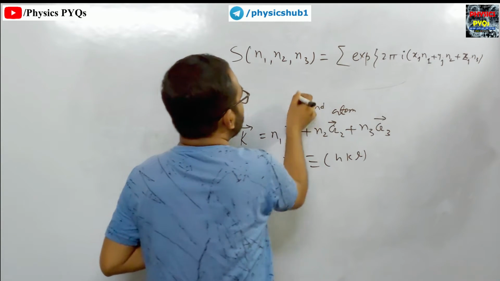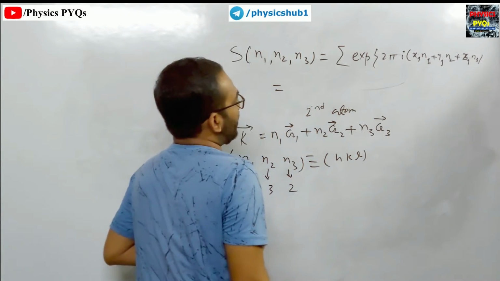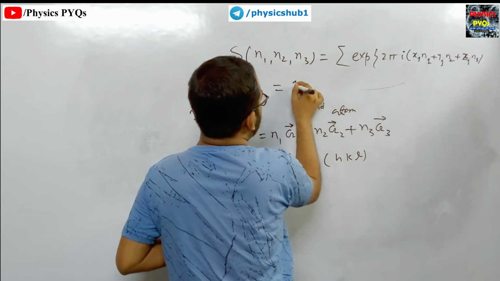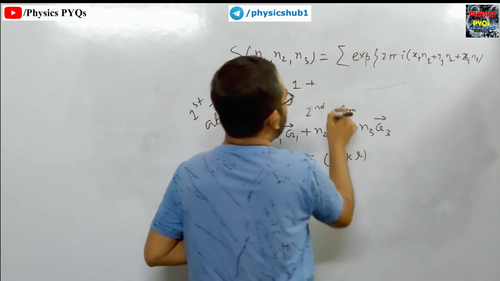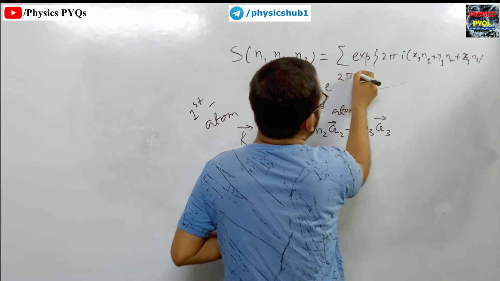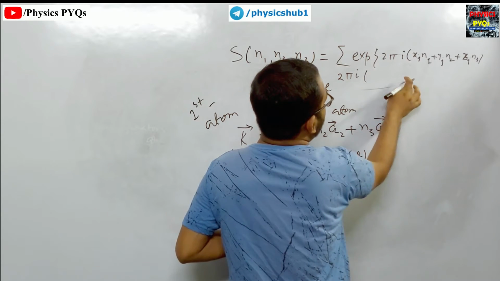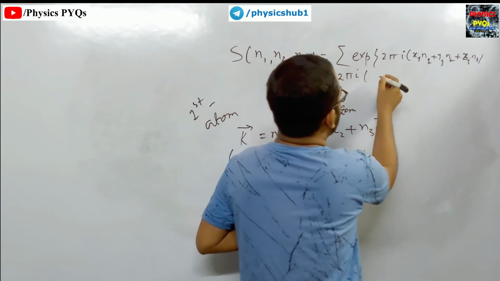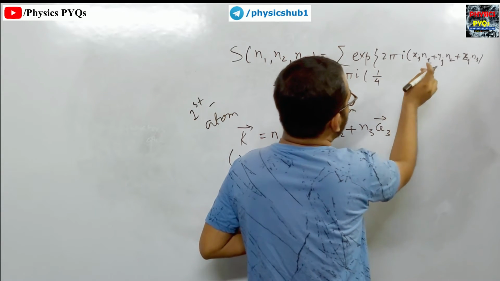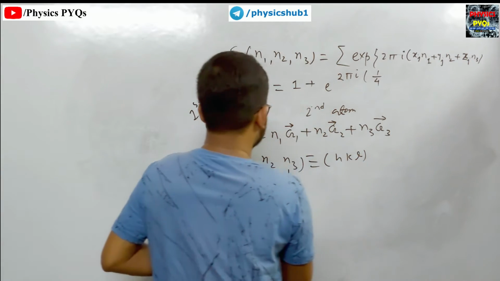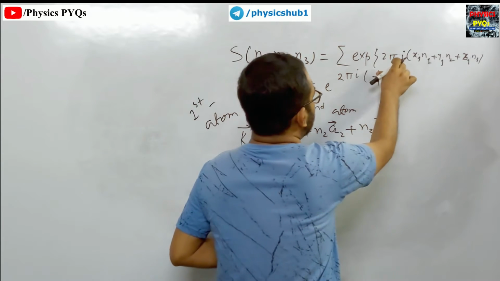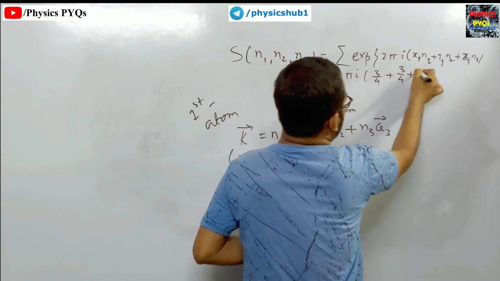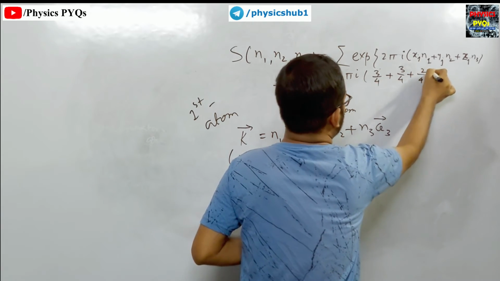Now for the first atom, x, y, z are 0, so this becomes exponential 0, which is 1, plus exponential 2 pi i times (a by 4, a by 4, a by 4 with n1, n2, n3). We can just take 1 by 4 and n1, n2, n3 given as 3, 3 and 2. So this becomes 3 by 4, 3 by 4 and 2 by 4.